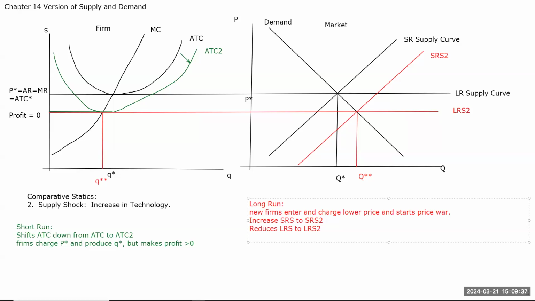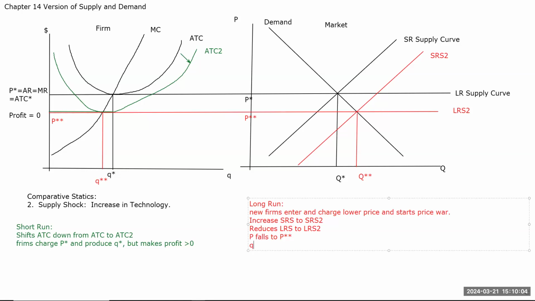And this is at a point where the price falls to P double star. And what else is there?